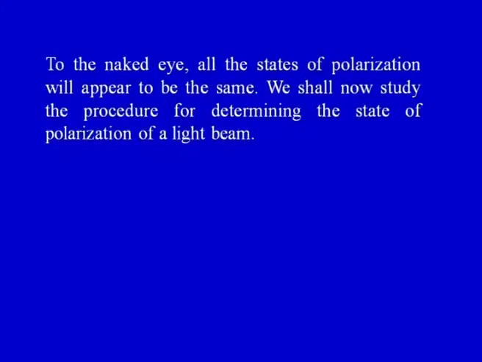possibilities. One thing should be noted, to the naked eye, all these states of polarization will appear to be the same, absolutely no difference. We shall now study the procedure, what steps are to be taken for determining the state of polarization of a light beam.